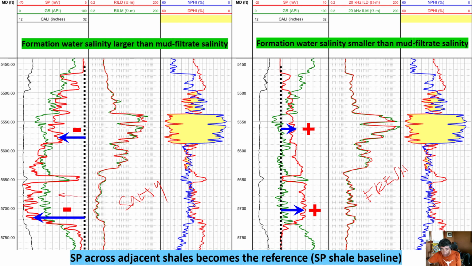Whereas if the formation water is fresh, so we have higher electrolyte concentration in the mud than in the formation, then the deflection will be to the right.